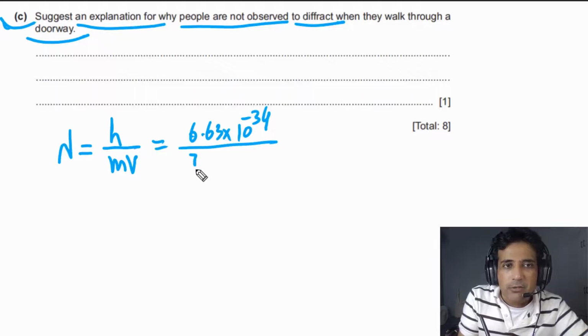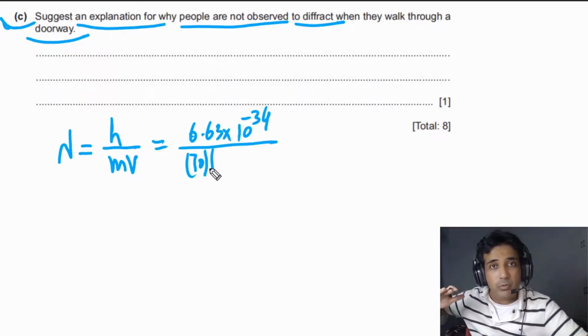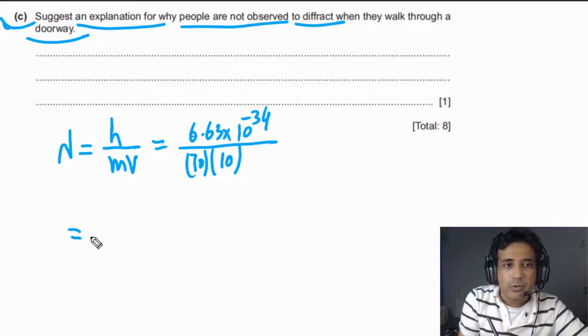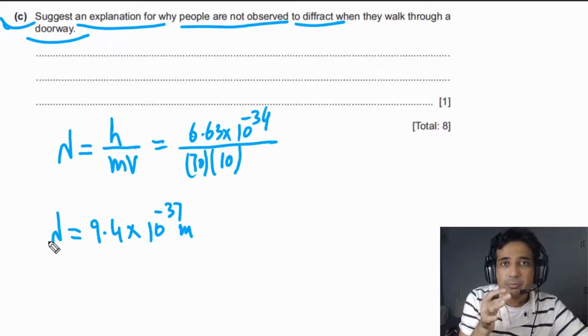Let's say the mass of a person is 70 kilogram and the person is running through the door, so the maximum speed can be 10 meters per second. Now if we solve this, lambda in this case will be equal to 9.4 times 10 to the negative 37 meters. So this is the value of the de Broglie wavelength.